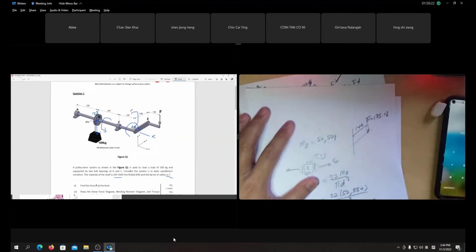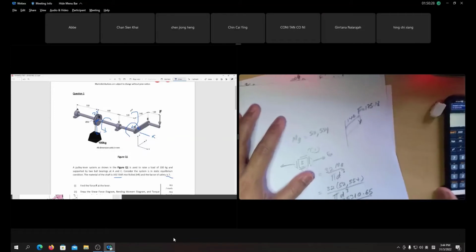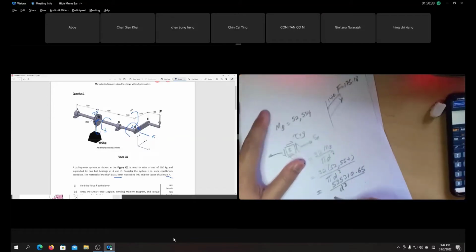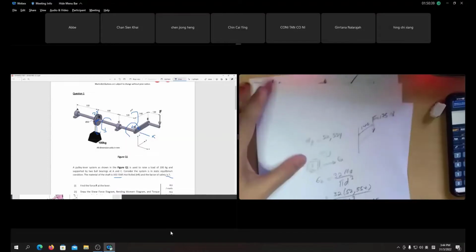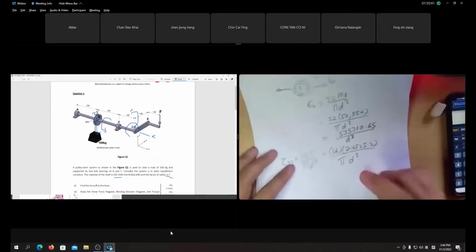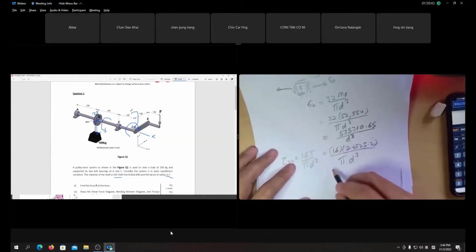So the torque value is 175.18 times 140. So the torsional stress is 16 times the torque value of 2452.5, over pi d cubed. Can you calculate this per diameter?